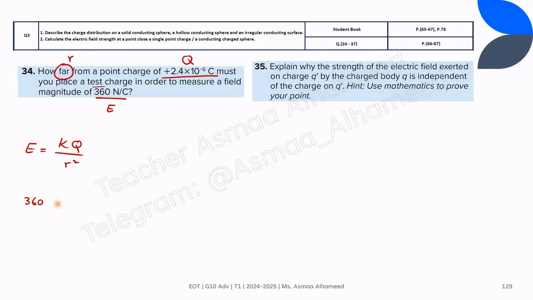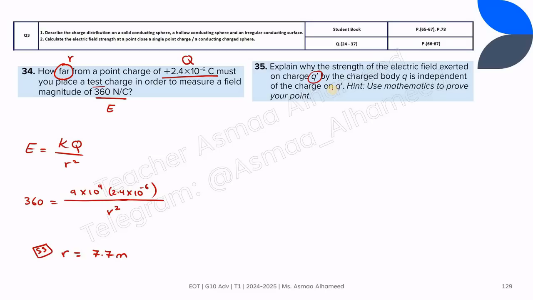E is 360, k is 9 times 10 to the power 9 times 2.4 times 10 to the power minus 6 divided by the distance, which is unknown. We say r squared. Shift solve, and r will be 7.7 meters.